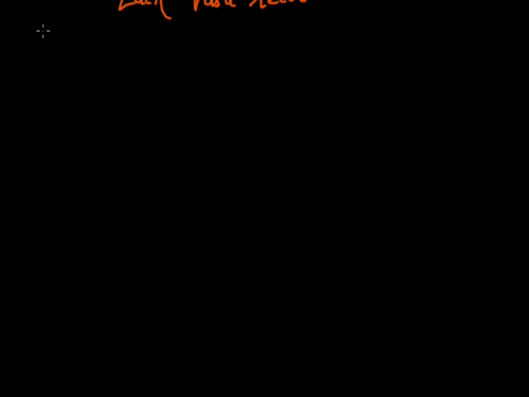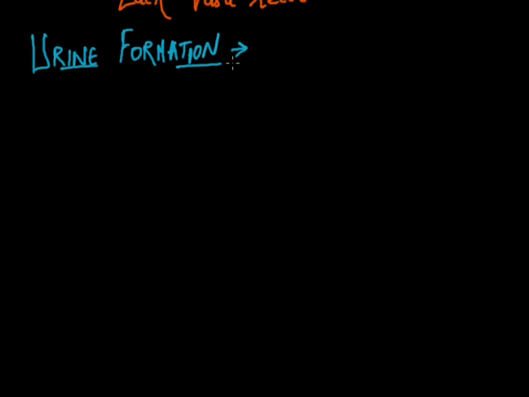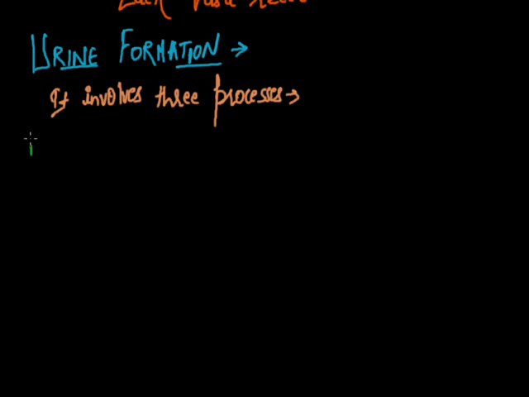Now this is all about the types of nephrons according to position. Now we'll discuss urine formation. How does urine form? It involves three processes. The first is glomerular filtration.